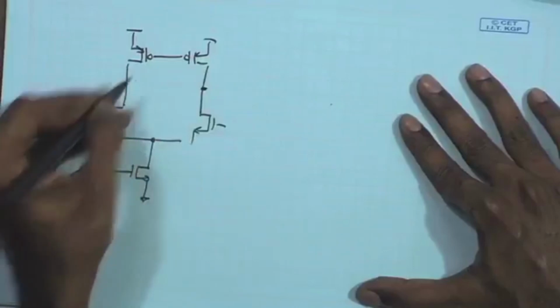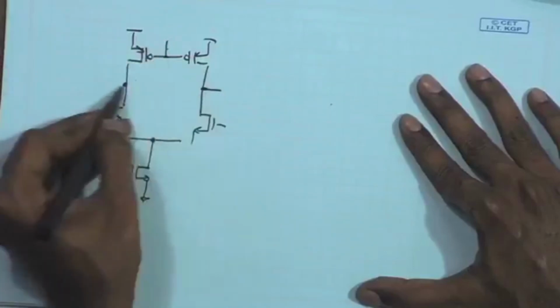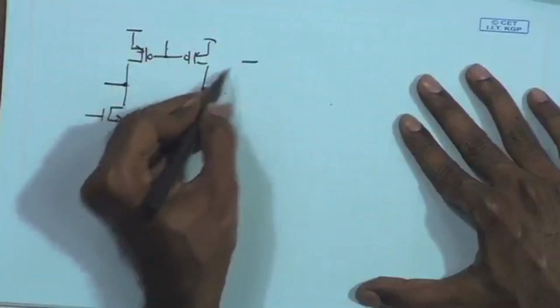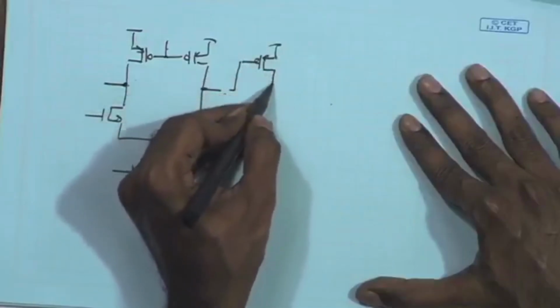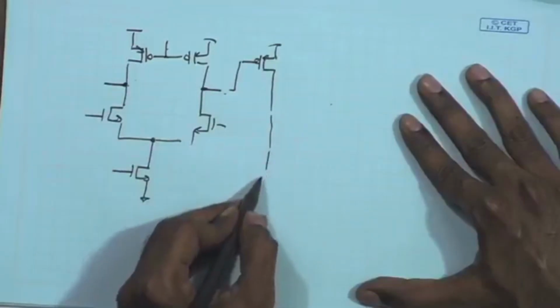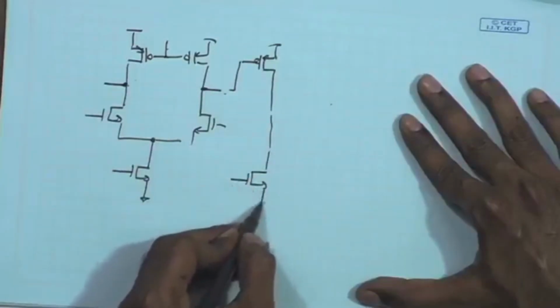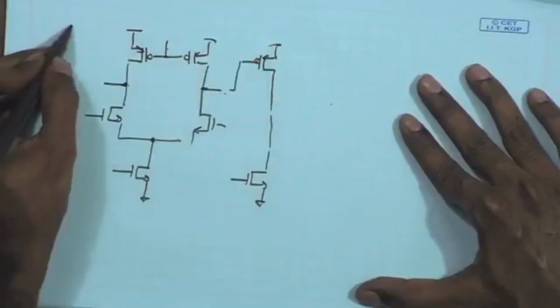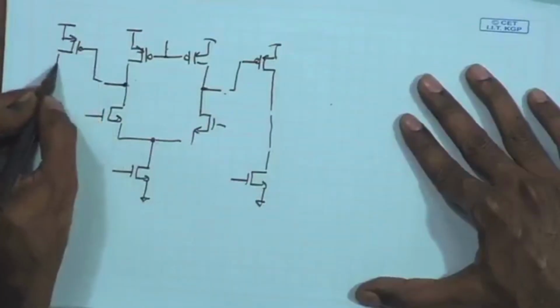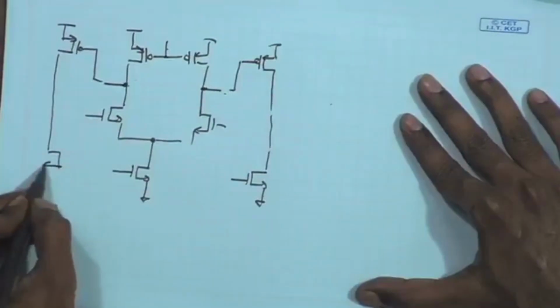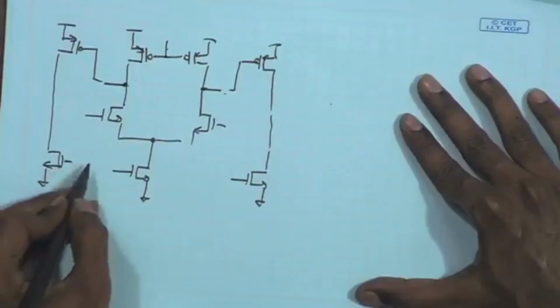So, basically the output of the first stage is fed to a second stage, which is simply a common source amplifier. So, all these are bias points.